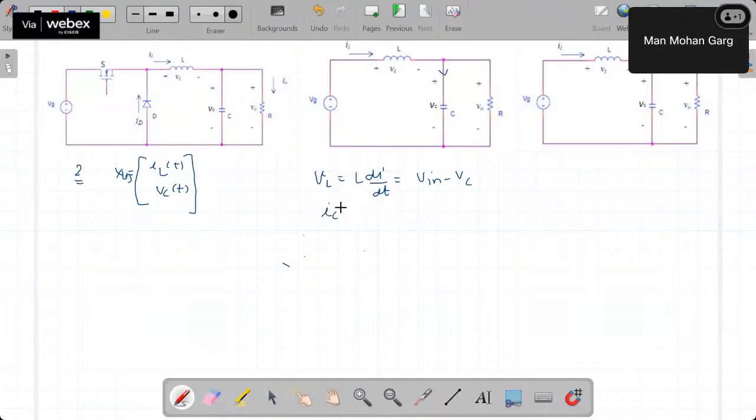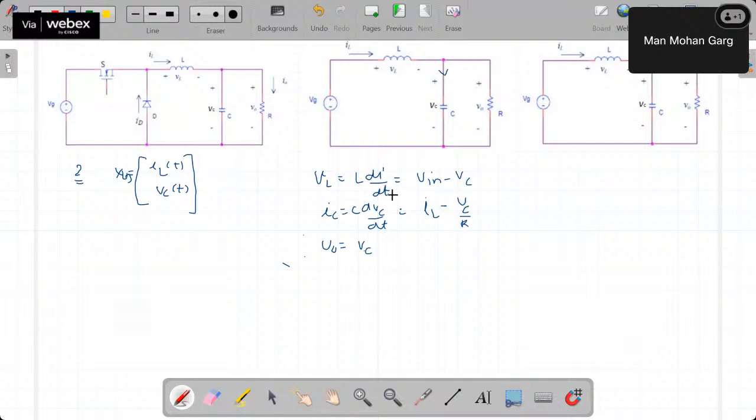So that is IC, C dVC by dt equal to IL minus I node. I node is nothing but V node upon R, and V node is equal to VC in this particular case. So we can write directly minus VC upon R. That is the second equation. Third equation we will write for output voltage. So output voltage, in this case, is equal to VC.